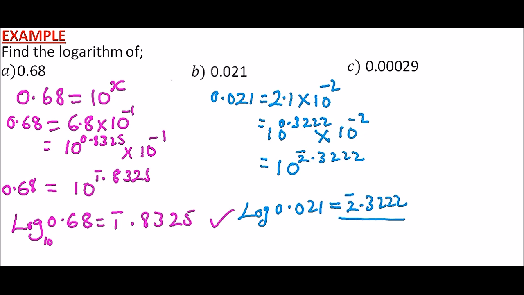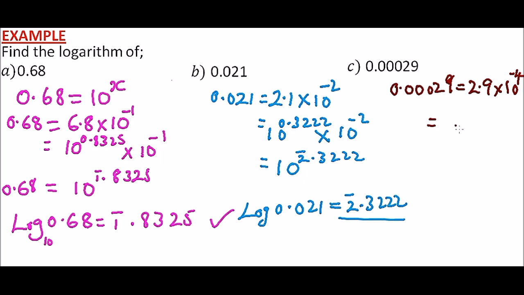Finally, we go to C. Our C is 0.00029. So we express 0.00029 in standard form. So 0.00029 is equals to 2.9 multiplied by, the decimal will move four steps, so it is 10 to power minus 4.